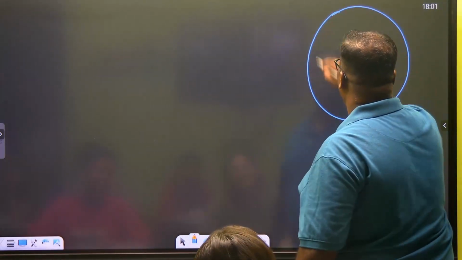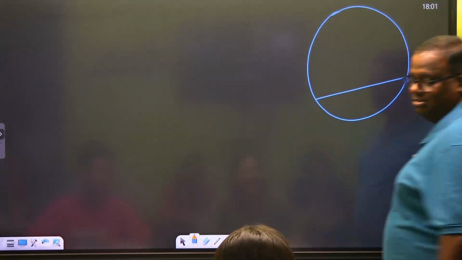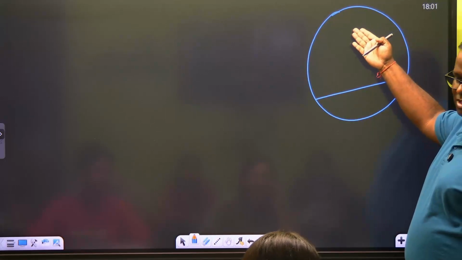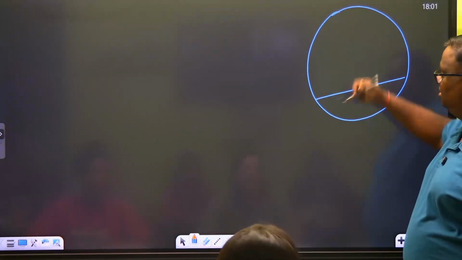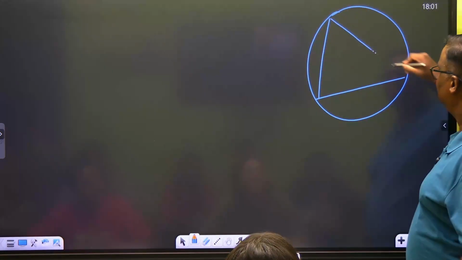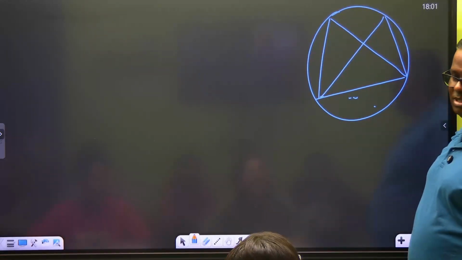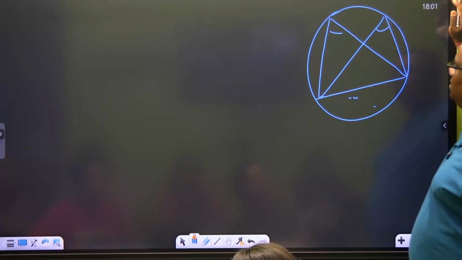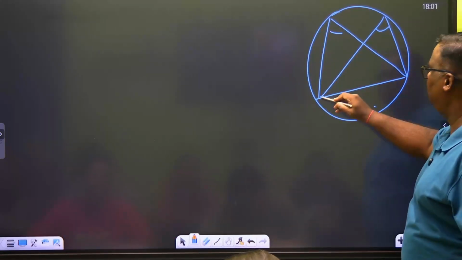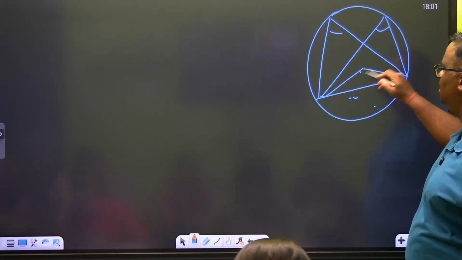Angles in the same segment of a circle. Let's take this segment. Your choice. Shall I take this? Yeah, all equal. Angles in the same segment of a circle are equal because both of them subtend half of the angle at the center.